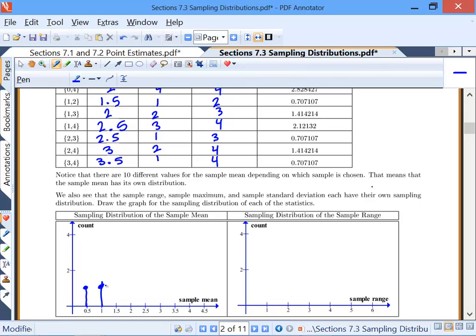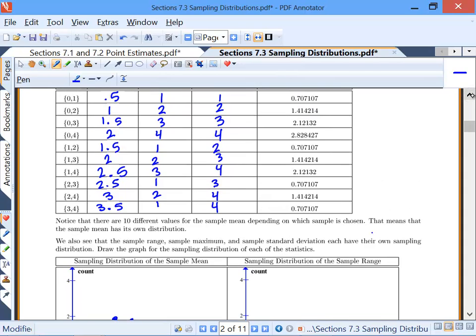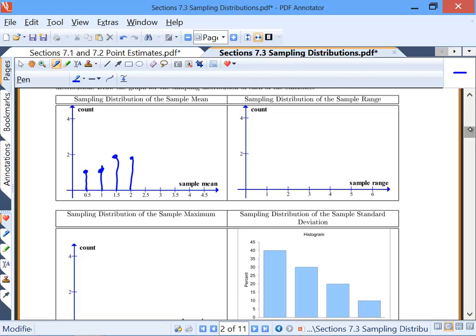Okay. 1.5? 2. How many times did I get a 2? 2. How many times did I get a 2.5? 2. Thought it was a little bit more. Okay, 3? 1. 3.5, 1. 4? 0, didn't get anything. So that's what my sample mean probability distribution function looks like.